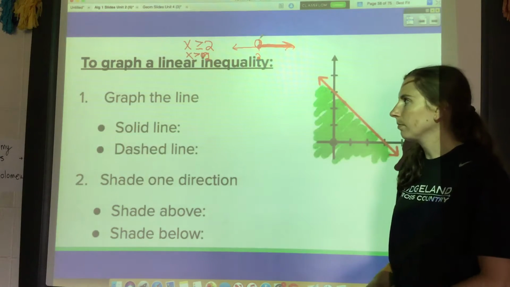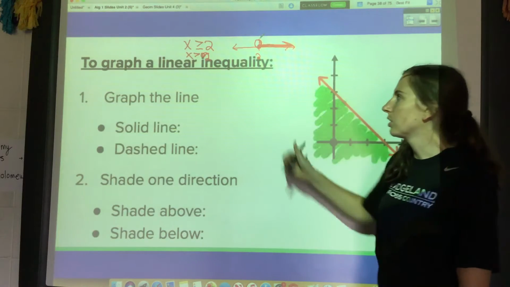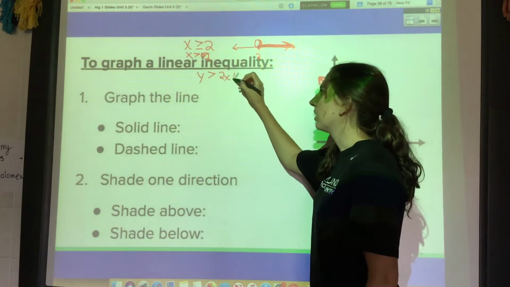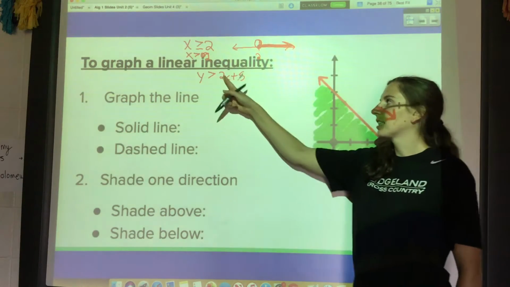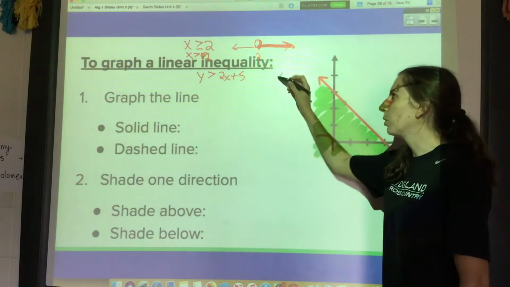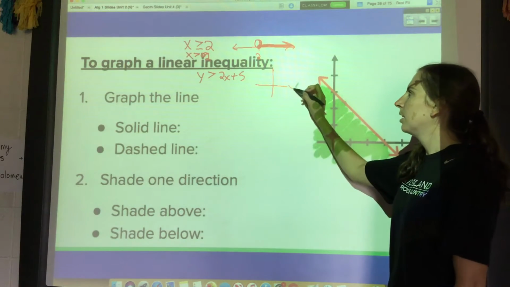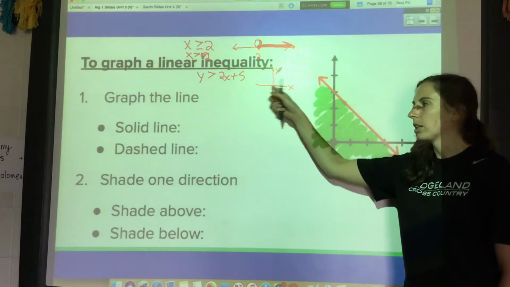So now that we're into linear inequalities, something like y is greater than 2x plus 5, this now has an x and a y. And so I'm going to need an x-axis and a y-axis because I have two variables. So it's going to be on the coordinate grid.